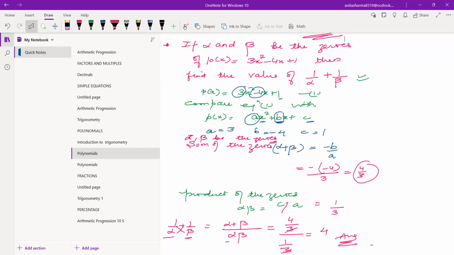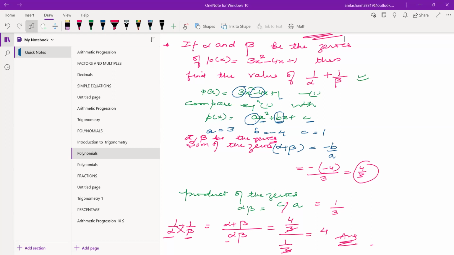Ma'am, so without even calculating the value of roots, we can find the sum of their reciprocals. Yes. Ma'am, why can't we solve the equation? If you solve, it's okay, but then it will take so much time, beta. So can we do that for quadratic?